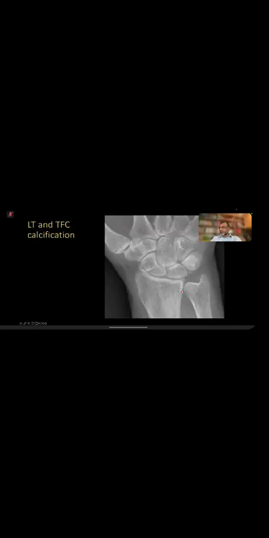Here you can see the TFC calcified, and there's calcification of the lunotriquetral ligament. So it can basically involve the cartilage, whether the hyaline cartilage, which is the joint cartilage, or the fibrocartilage, which is the TFC, but it can also involve the ligament, soft tissue, synovium, anything. But cartilage is the main thing.